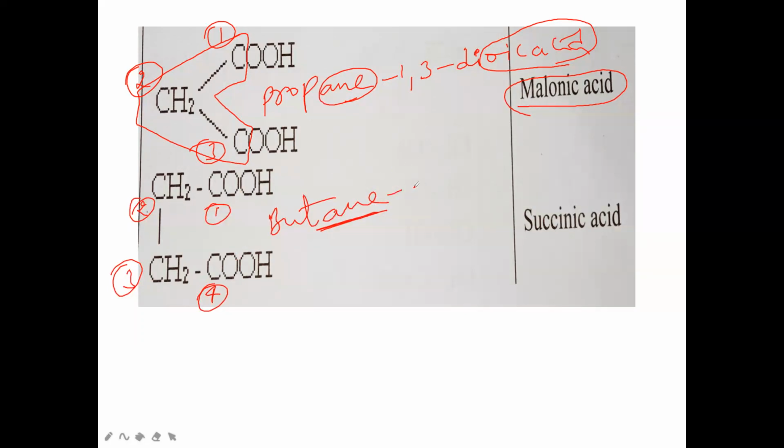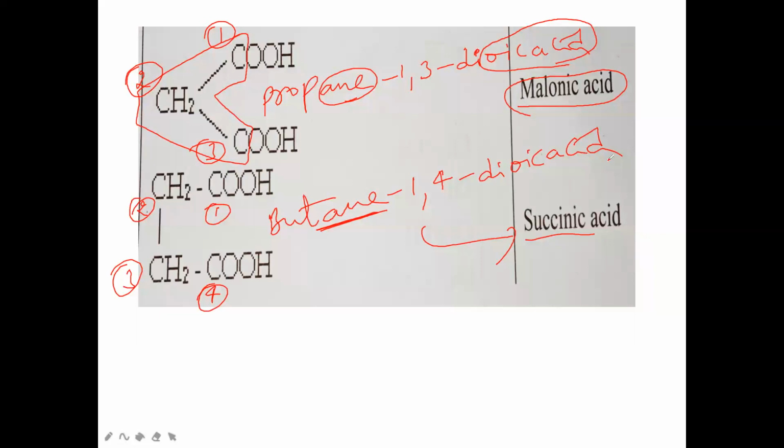Where are the positions here? The positions are 1, 4. So 1,4 dioic acid. So butane 1,4 dioic acid is the IUPAC name of succinic acid. Succinic acid is the common name and the IUPAC name is butane 1,4 dioic acid.